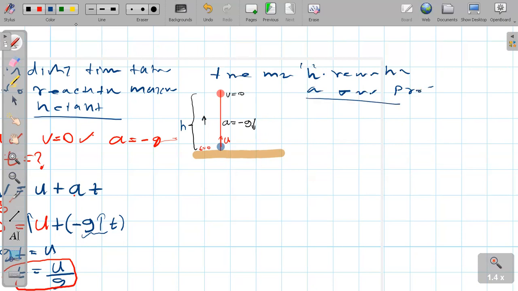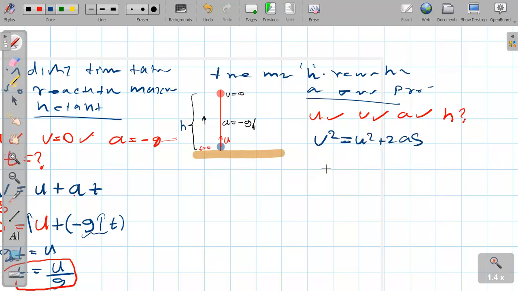Right. What are the details that I have here? u is there, v is there, a is there, and height is there. That is what you want to find. What is the tallying equation here? The equation which is tallying is v squared equals u squared plus 2as.